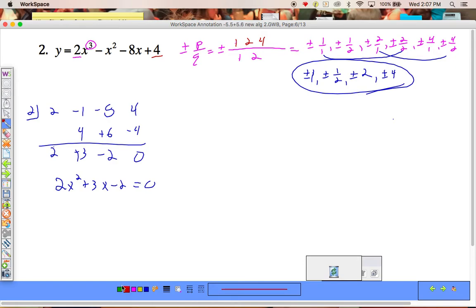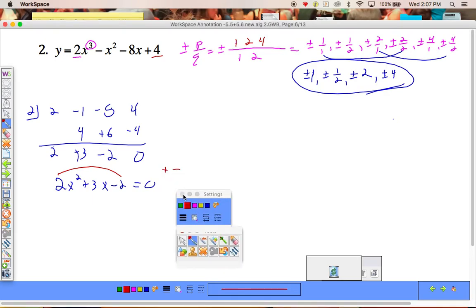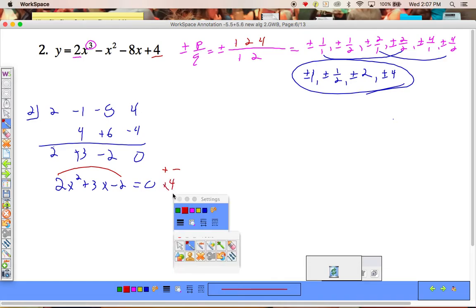This factors. I'm going to have a plus or minus, multiply to give me 4, subtract to give me 3. So I'm going to use 4 minus 1.